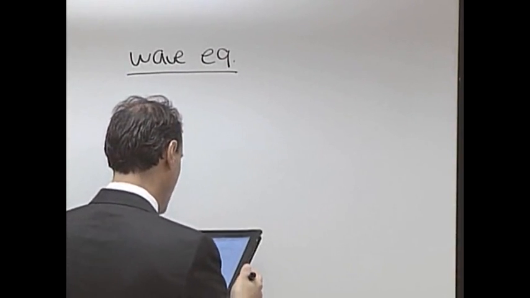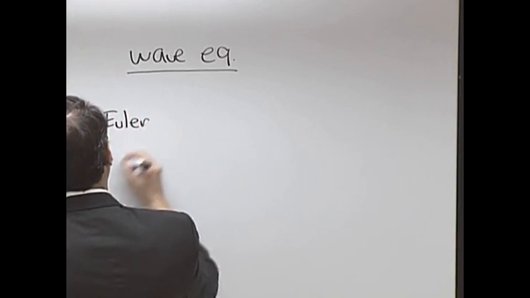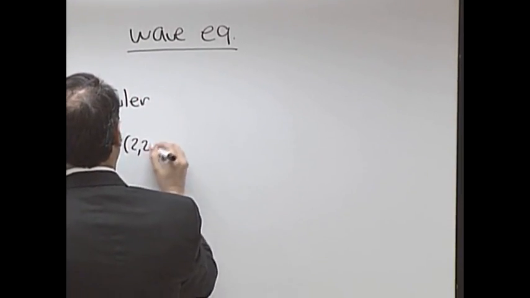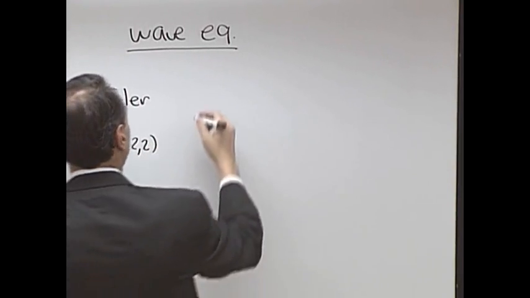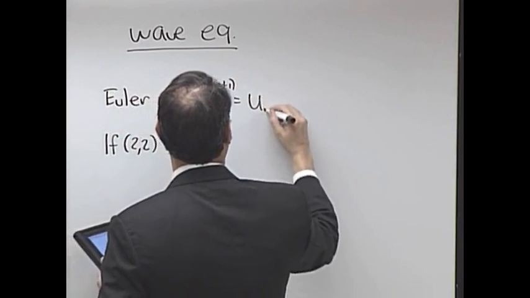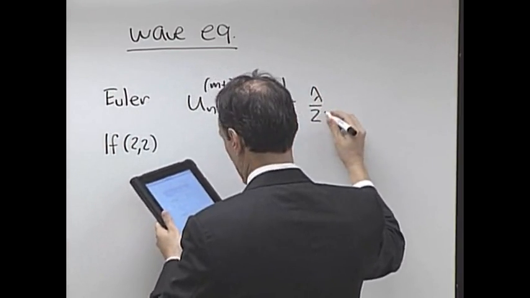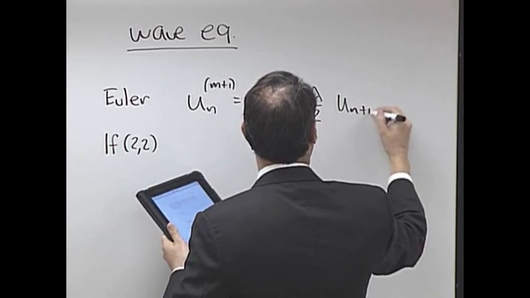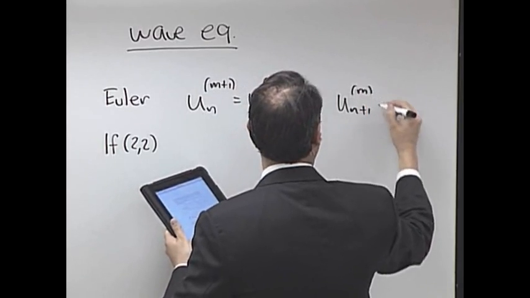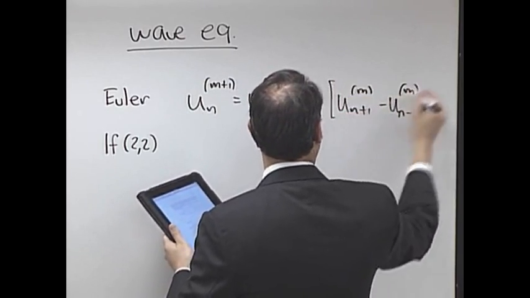So for the one-way wave equation, Euler looks like this: the solution in the future is what it was now, plus lambda over 2 times u(n, m+1) minus u(n, m-1).